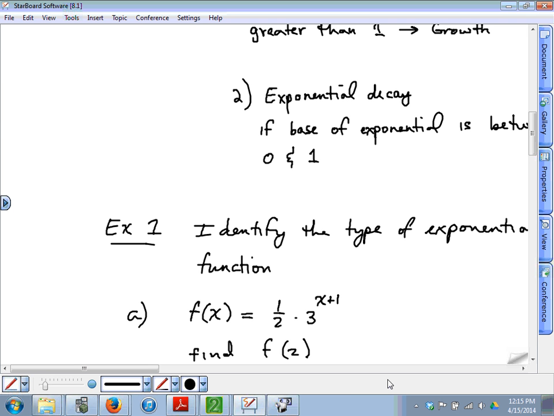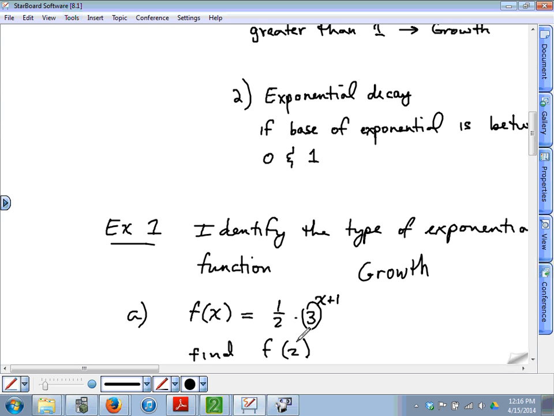Well, first you identify the type of function. Is this growth or decay? That one should be an easy one. That's growth, because the base right here is greater than 1, so that identifies this as a growth function. Now, this next part I'm asking, find f of 2.